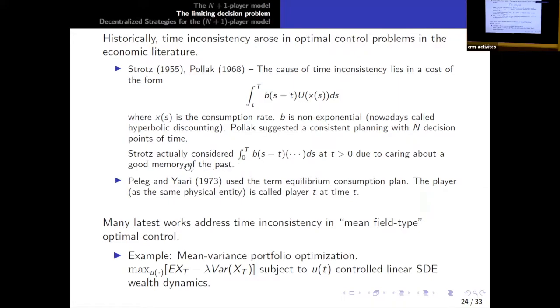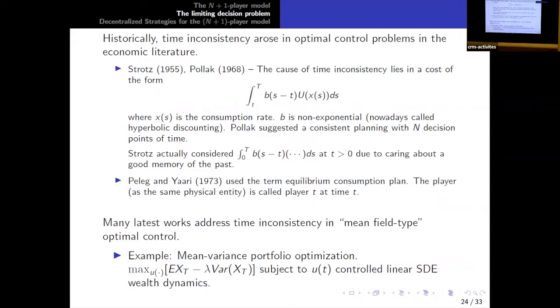Okay, to be accurate, he actually considered a cost structure like this at time t greater than 0, because he cared about a good memory of the past. Okay, so now say this is 2 days. When you optimize for the next 5 days, you still take into account the past 2 days.